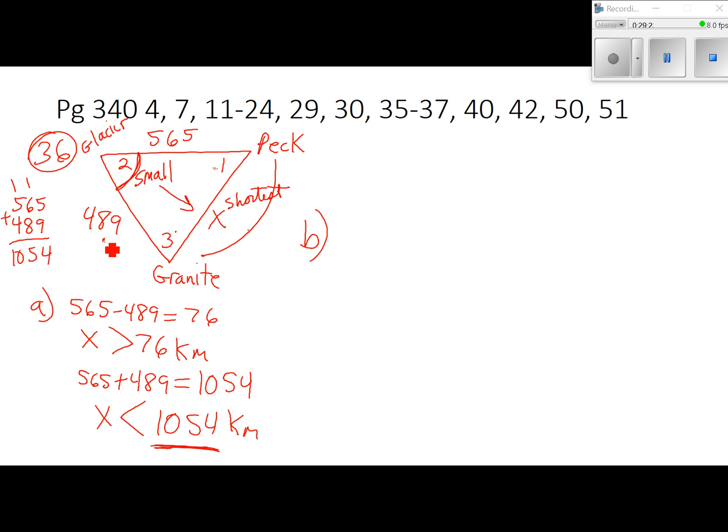So now we know that that side has to be between 76 and 489, instead of being between 76 and 1,054.